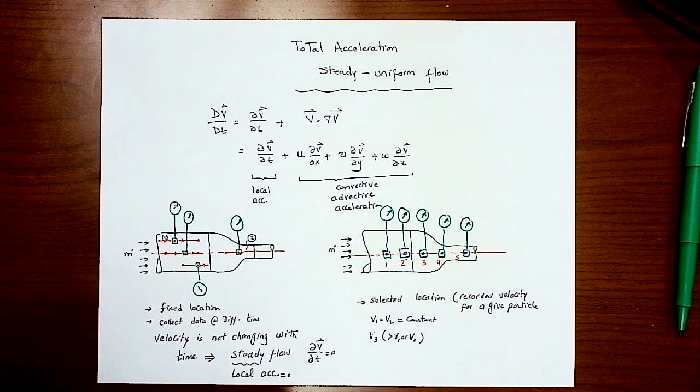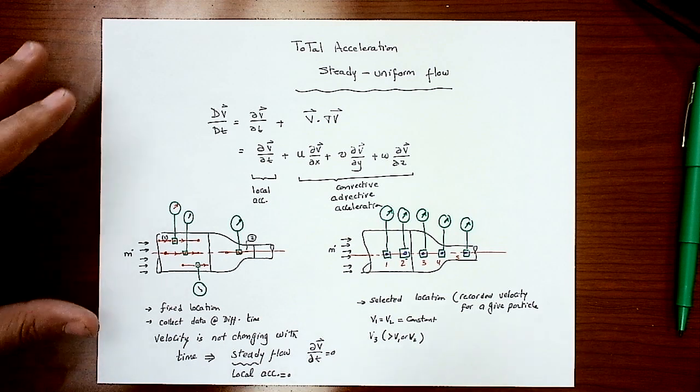What happened when I go to position 4? When I go to position 4, the cross-section area is reduced again. So I'm expecting another increase in the velocity. So the velocity would change between 3 and 4. And when I go to 5, I get the final or the smallest flow diameter. So I'm expecting the velocity will reach a new higher value.